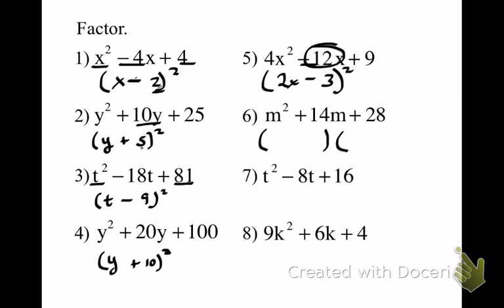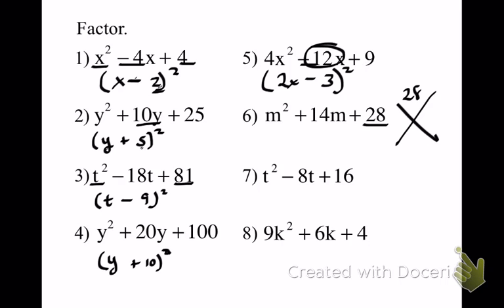Next one is m. I've got 28, which is not a perfect square. So let's see if I can use my x marks the spot. I can't use perfect square trinomial.